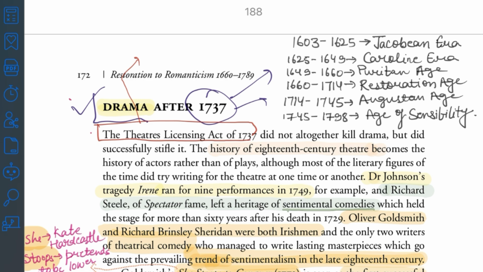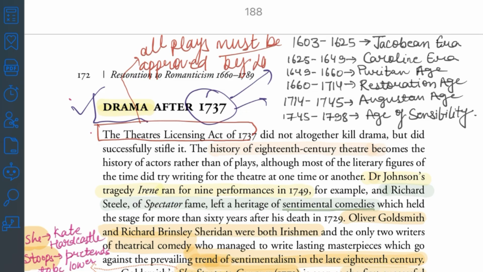So all plays must be approved by the Lord Chamberlain before performance. You can write: before performance.